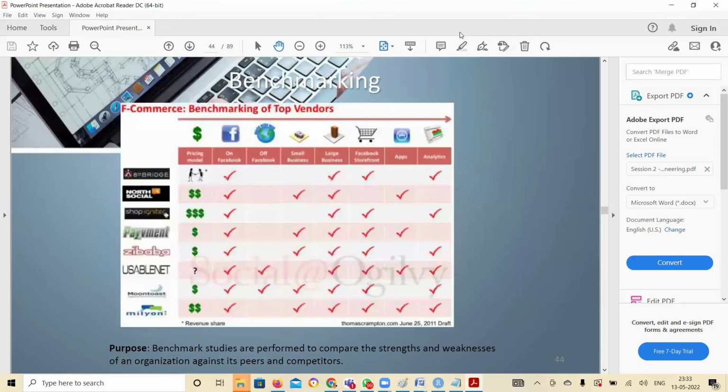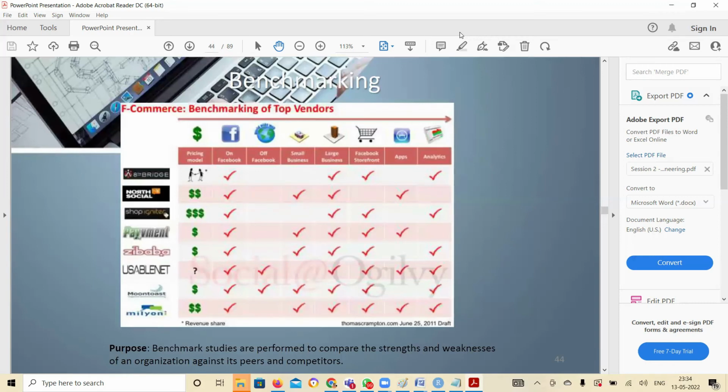Okay. First one is called the benchmarking technique. Benchmarking technique is used to understand what features your software should have. Benchmarking is one single slide where you list your company and your competitors. If you see here, on the first column, you have companies like 8th Bridge, North Social.